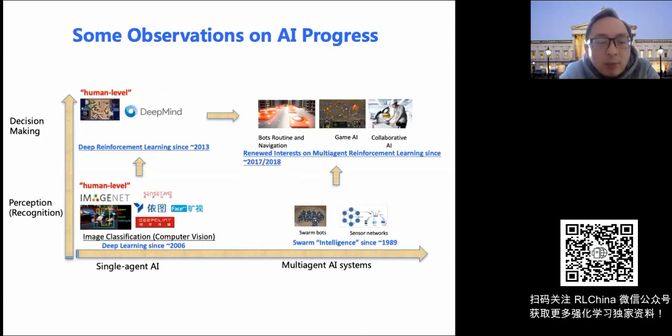For example, in the gaming setting, if you use Monte Carlo tree search plus deep reinforcement learning, you can have very good performance in playing games like Go and chess.